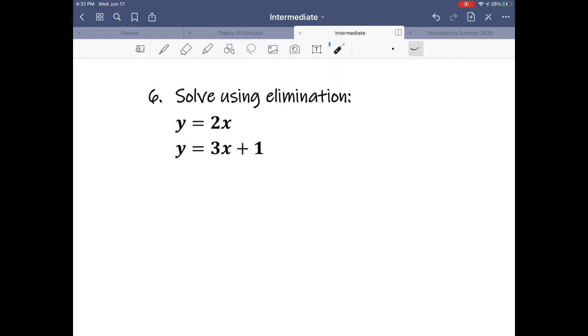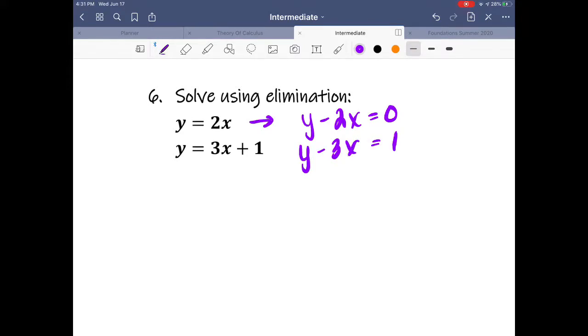And then this one looks familiar. I believe we did it with graphing and substitution. And actually, we're going to go over that in a second. Okay, so let's see. I'm going to do a little bit of manipulating here. I'm going to move 2x over, and I'm going to move 3x over, just for the sake of elimination. It really doesn't matter.